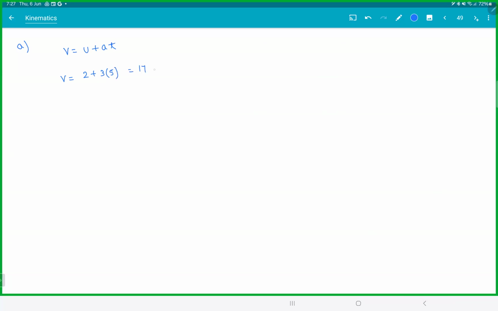So this is 17 meters per second. Then displacement is ut plus half at square. 2 times 5 plus half times 3 times 5 square. That would be 10 plus 45 by 2.